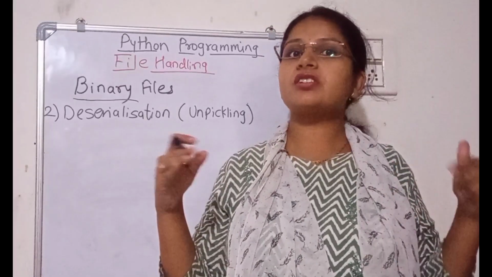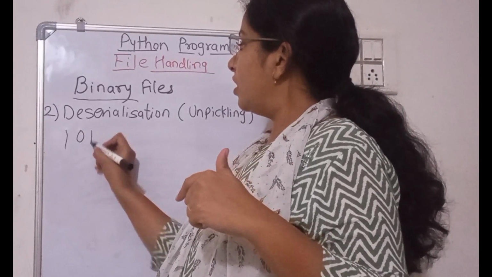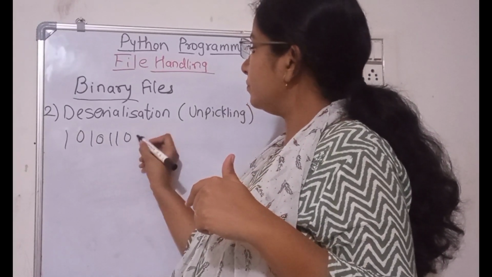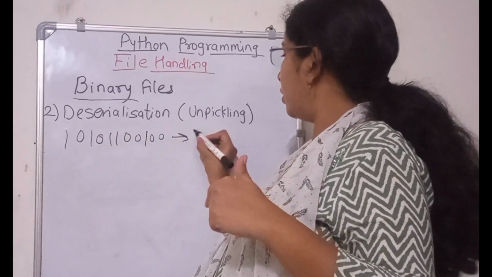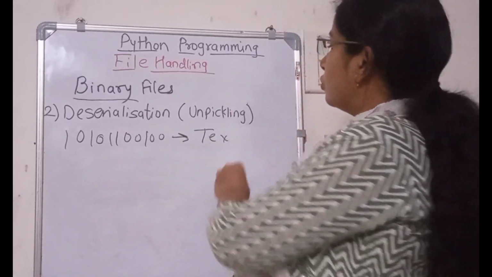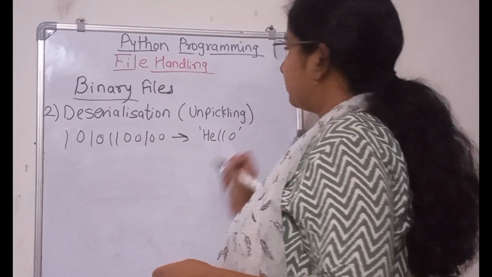Why? Because conversion needs to be done at that time. So here deserialization means converting your binary data to normal text. Suppose we are taking hello. This is for reading.